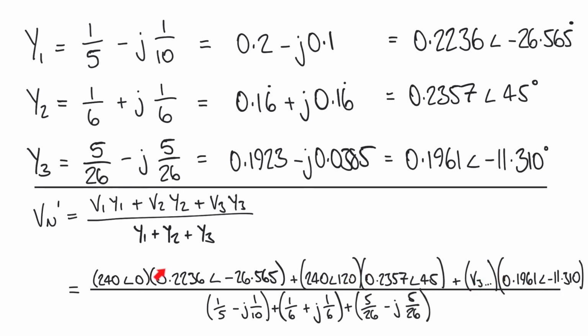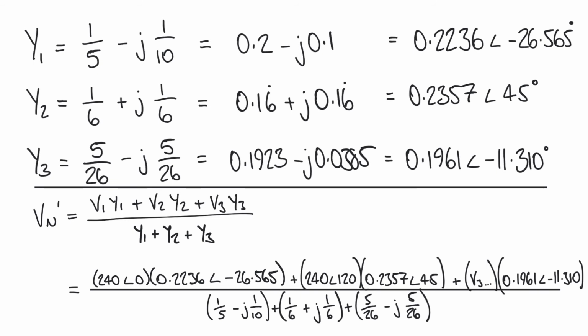And when we see them on the bottom row, y1 plus y2 plus y3, these are in rectangular form because we're going to be adding on the bottom row. And that's just for convenience sake in this particular example. It's not necessarily the only way to do it. Like I say, you can multiply numbers in rectangular form if you want to, just by expanding the brackets, but we're going to keep things fairly simple for this example, hopefully.